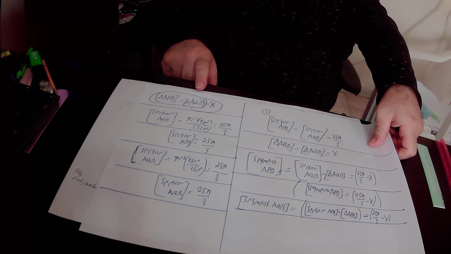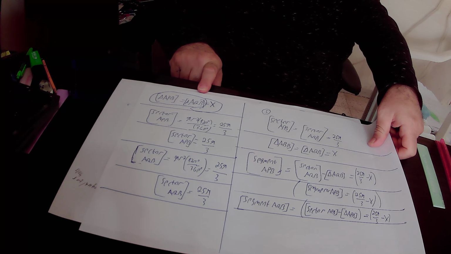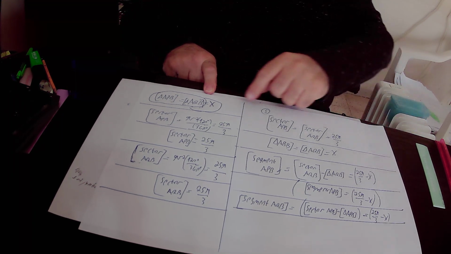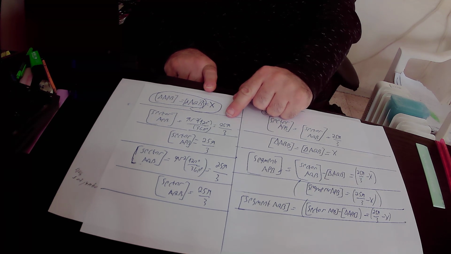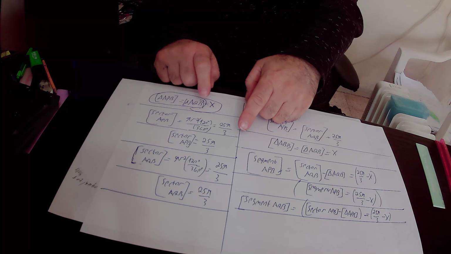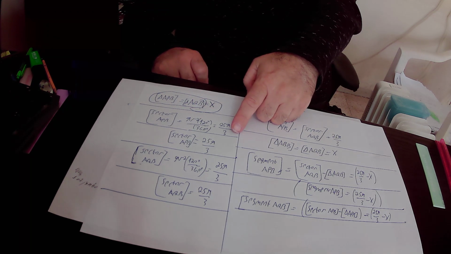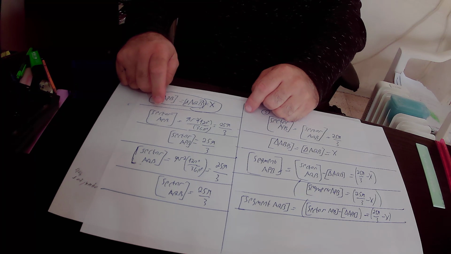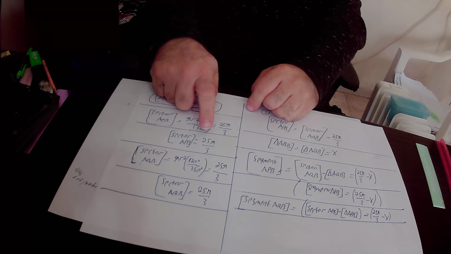Here we concluded that the area of triangle APB is equal to the area of triangle AQB, and we defined the areas of those 2 triangles as x. Here pi r squared, r is 5, so r squared is 5 squared, which is 25. So in the numerator we have 25 pi, and 120 degrees over 360 degrees is 1 over 3. So in conclusion, we found out that the area of sector APB equals 25 pi over 3 square units.